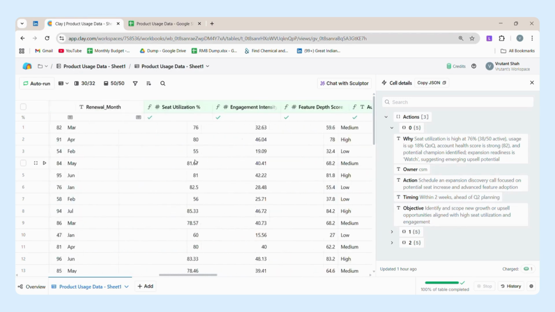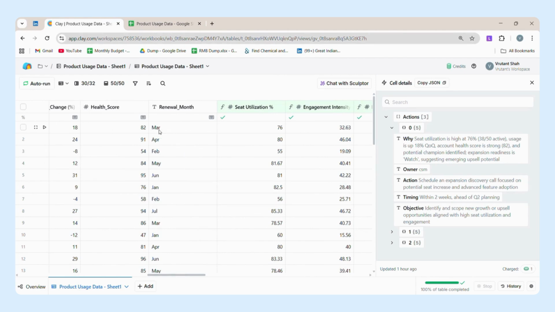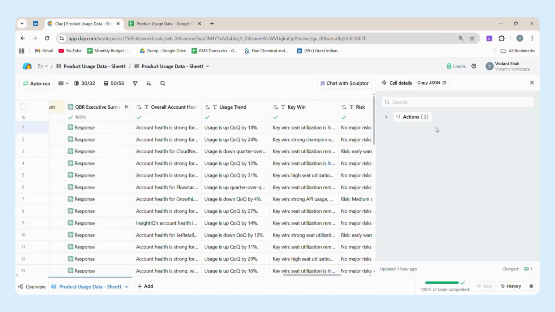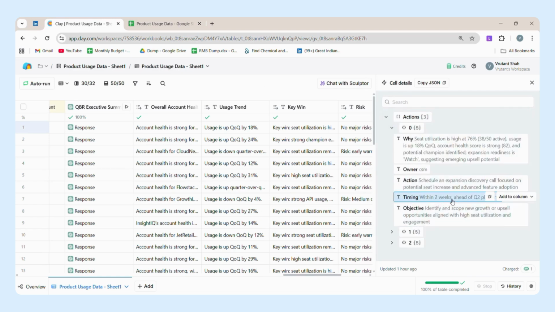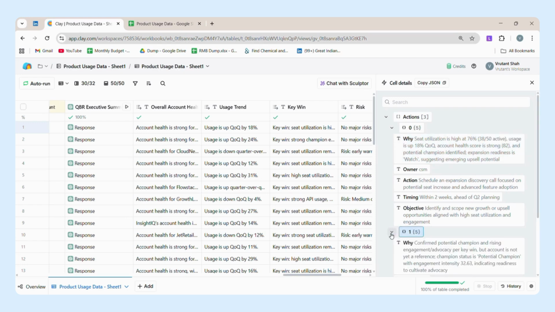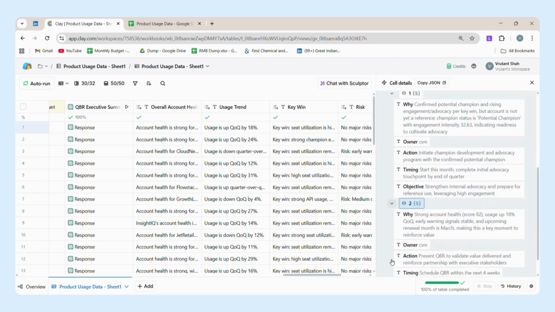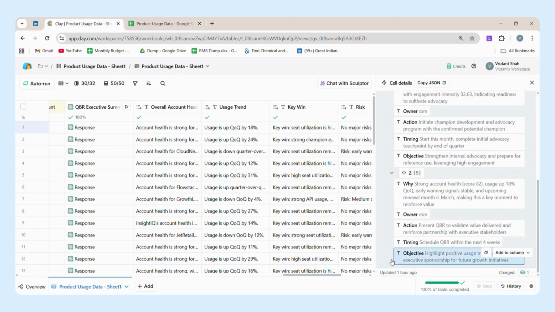If I am seeing that the renewal over here is coming in a particular month, say March is my renewal month, it has asked me to schedule that call within 2 weeks of this particular quarter. It has given me the objective also for that expansion call. And at the same time, it has told me the reason as to why this needs to be done. It has given me further action items also. So this is how detailed it has made the reporting and the action items.